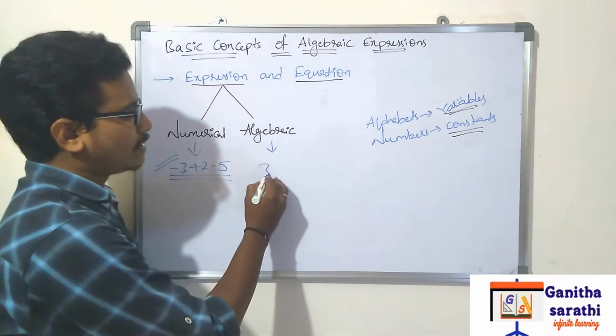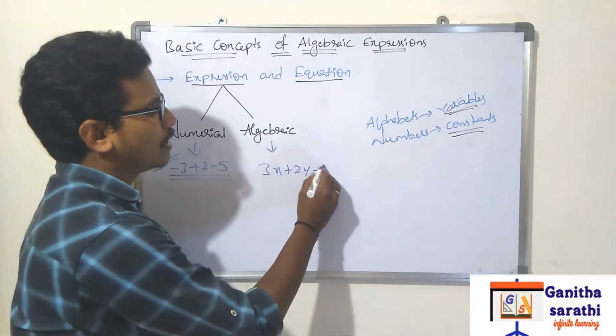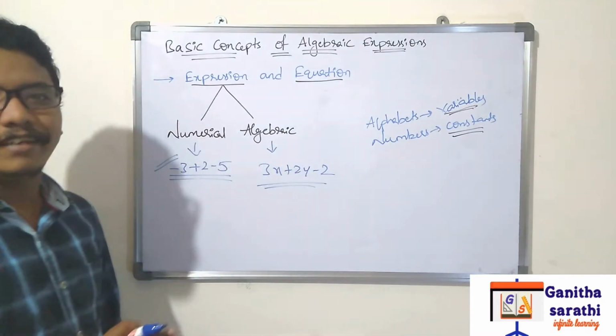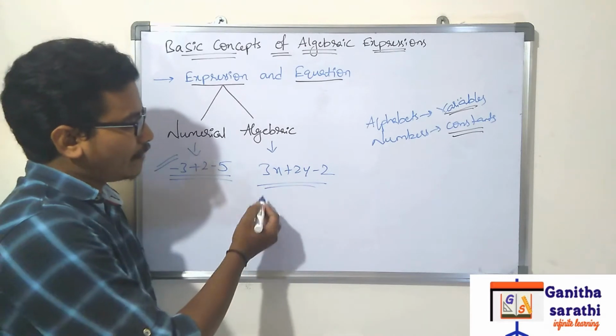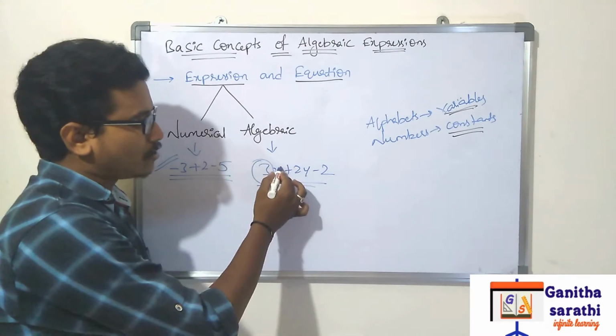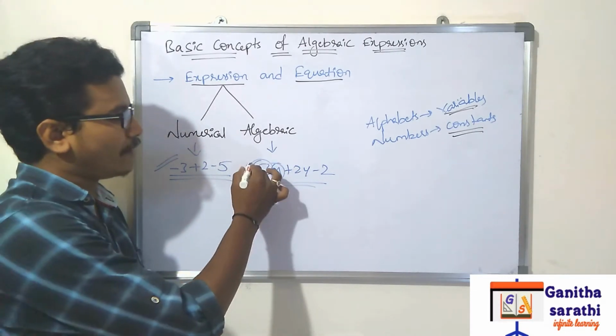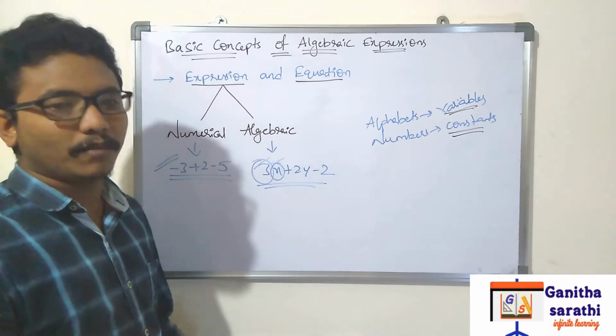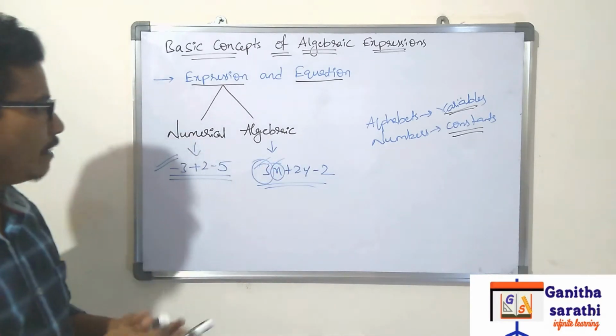Means you can take the example as 3x plus 2y minus 2. This is an algebraic expression. Why? Because we are having numbers as well as variables, means we are having constants as well as variables. So what is the main difference?